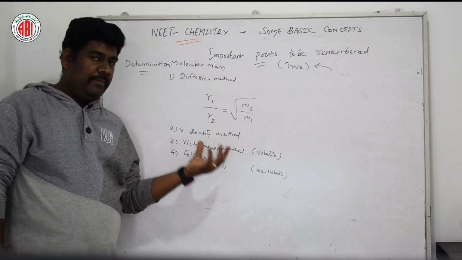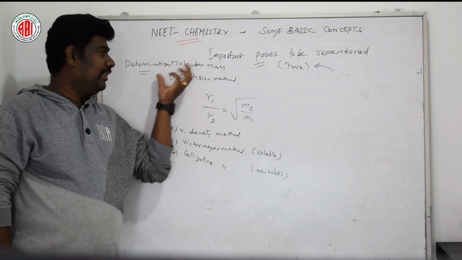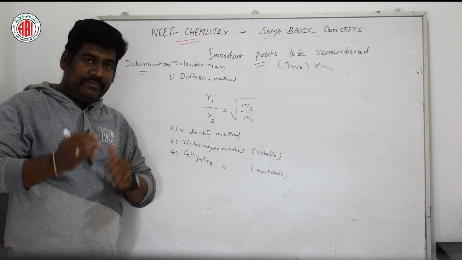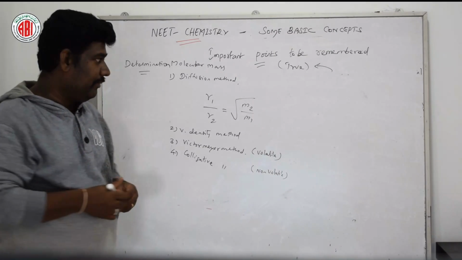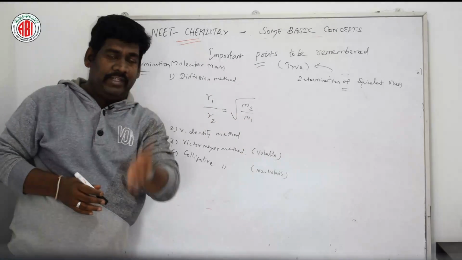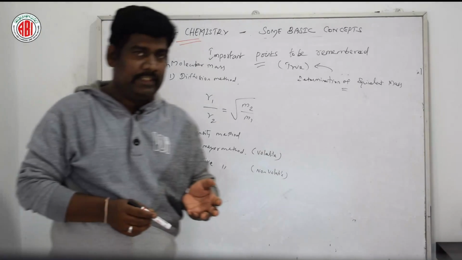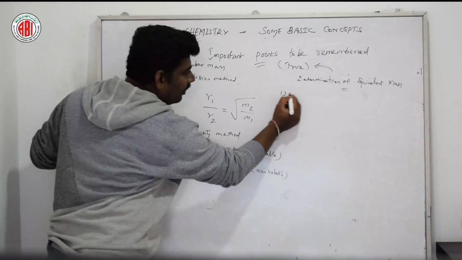So these are the different methods we follow for determination of the molecular mass. Likewise, there are a few methods for determining the equivalent mass: hydrogen displacement method, oxide formation method, and chloride formation method.